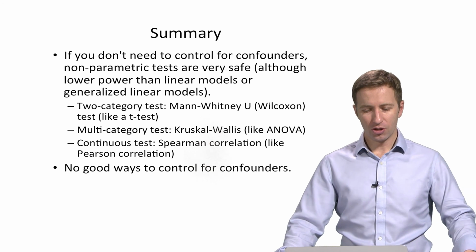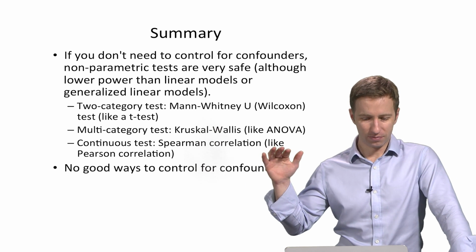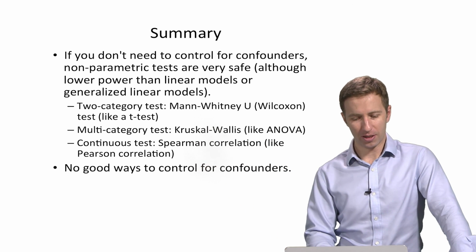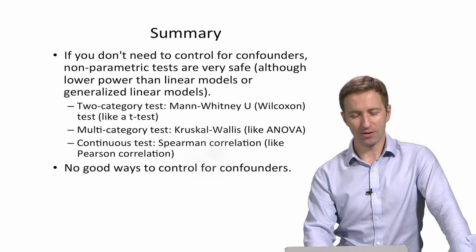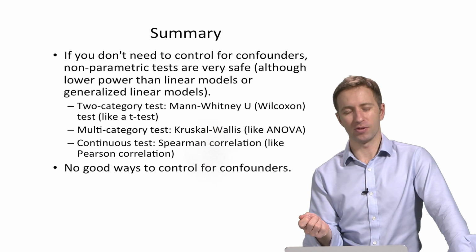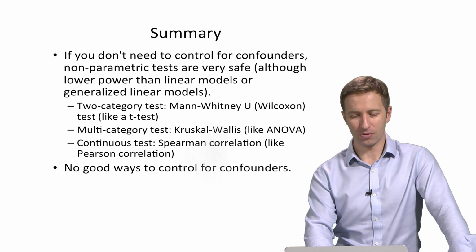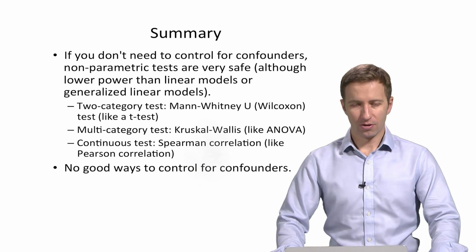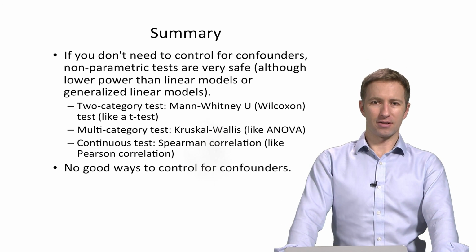And I showed you a few different nonparametric tests and what their equivalents are on the parametric side. But as I said, there's no good way to control for confounding variables for the nonparametric tests, so there are lots of cases where we can't actually use them. So that's all for the advanced statistical testing.